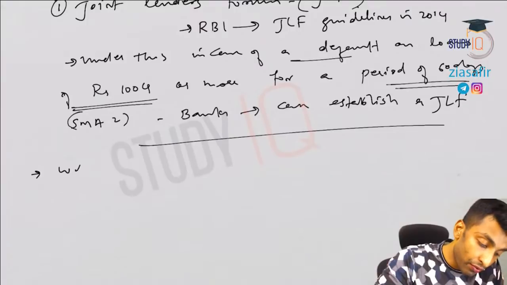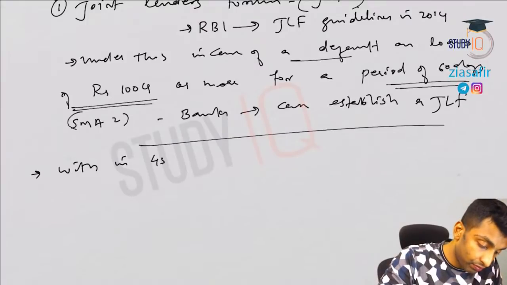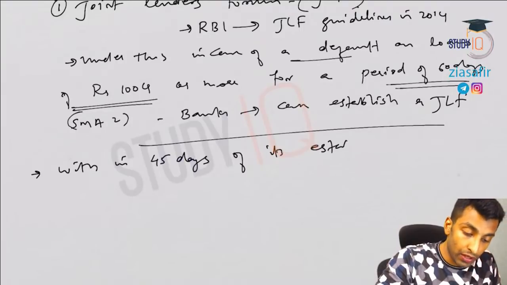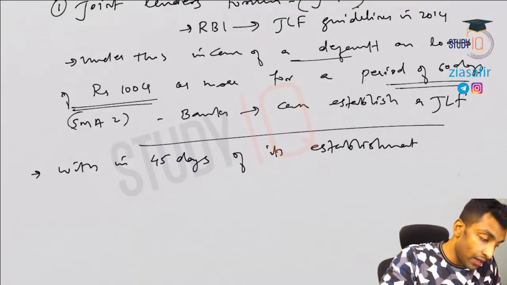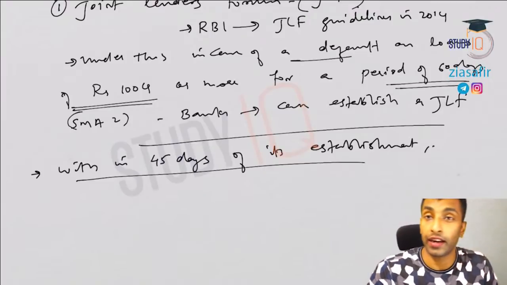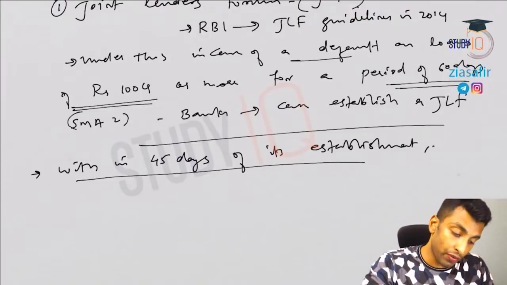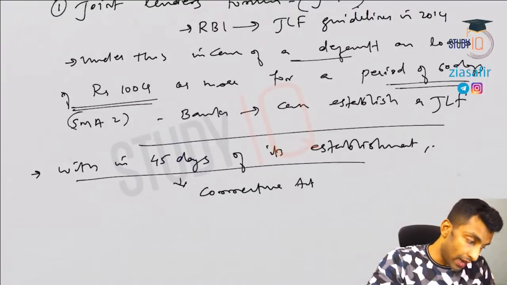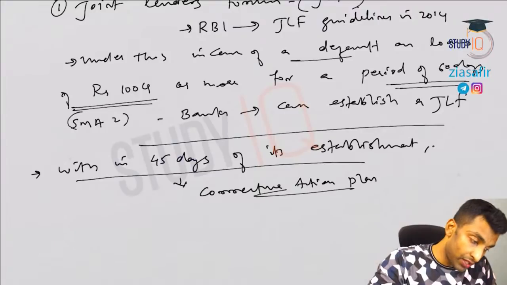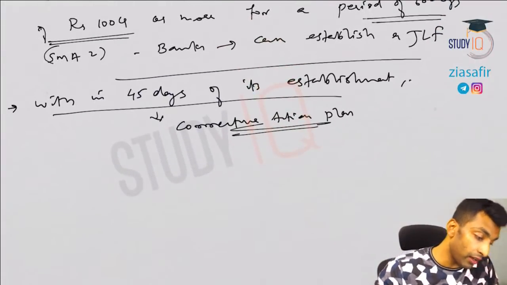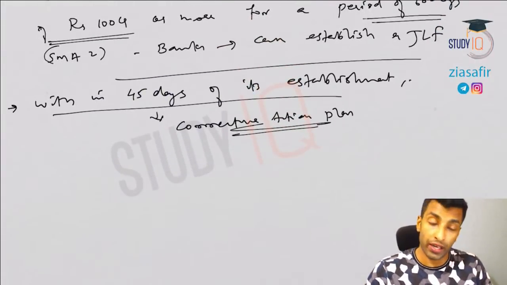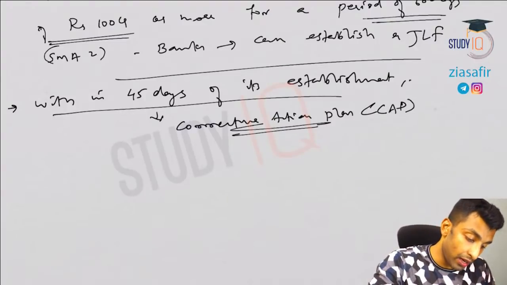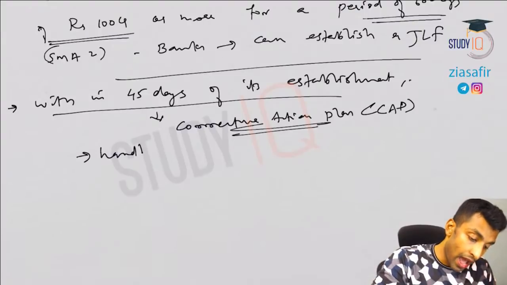Now within 45 days of its establishment, the JLF will prepare a corrective action plan. So within 45 days JLF will come up with a corrective action plan, CAP, which may include hand holding, restructuring or even recovery.